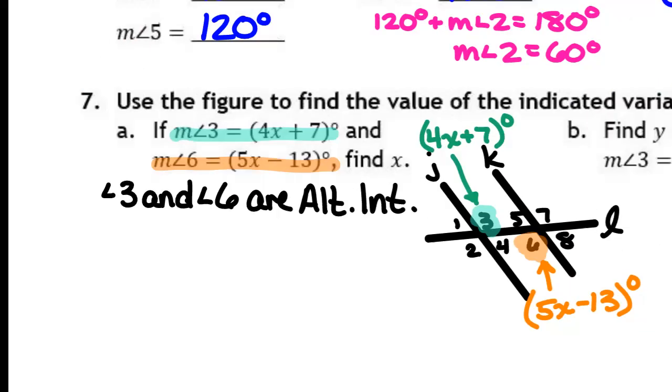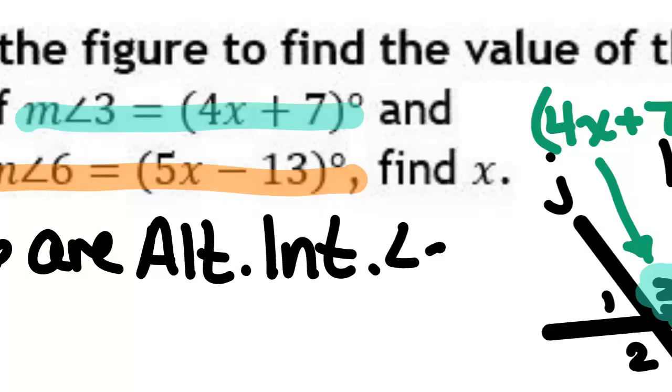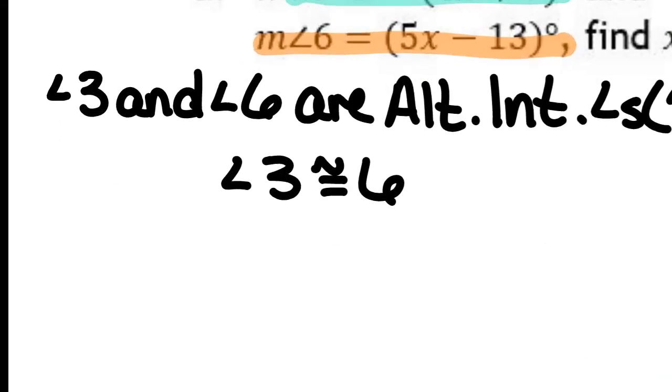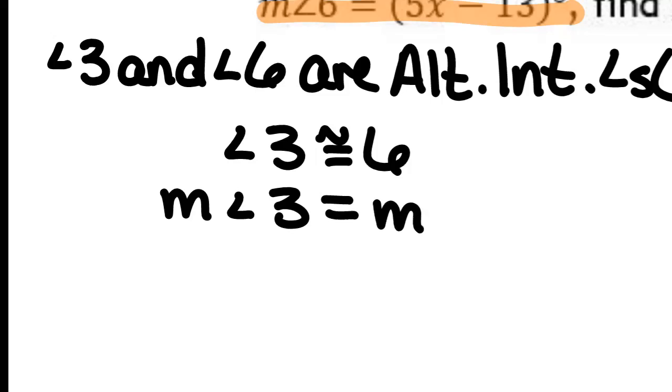Alternate interior angles are congruent. So angle 3 is congruent to angle 6, which means what about their measurements? They're the same. So the measurement of angle 3 is equal to the measurement of angle 6.